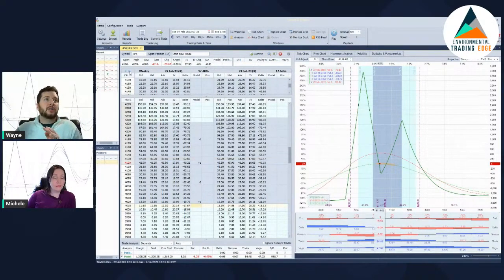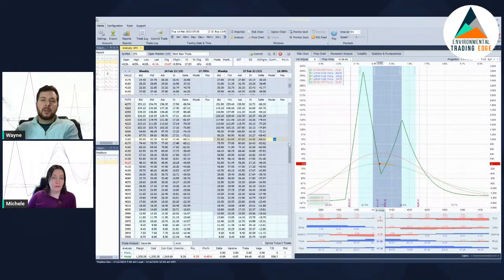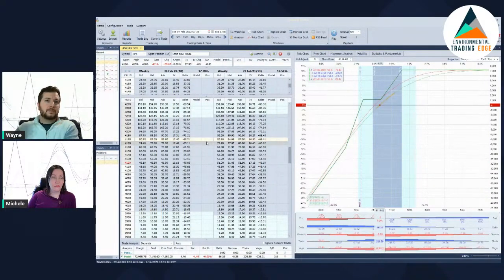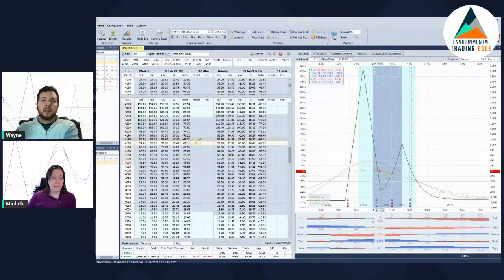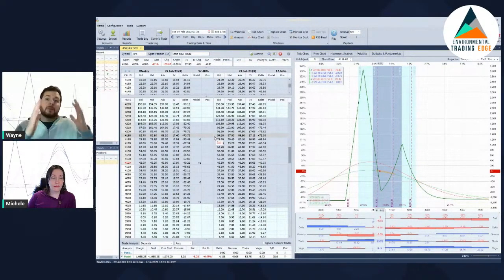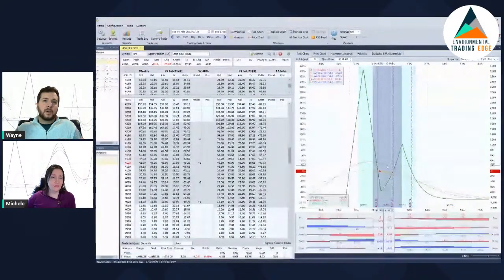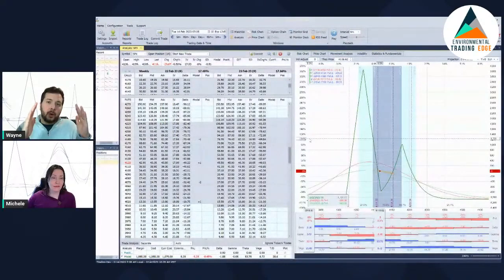On a calendar, we can shrink the horizontal spread, which is what a calendar is. So instead of it being out here at 13, we can shrink it down to being here at 10, right? And now instead of adding more contracts or subtracting more contracts, I was able to get more negative delta on here by shrinking the horizontal spread, right?